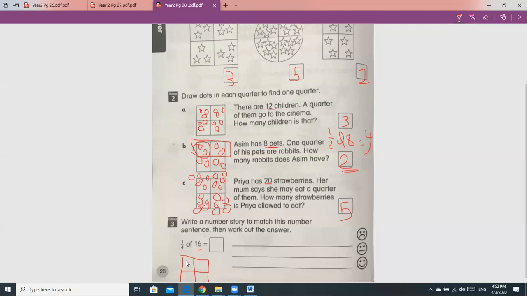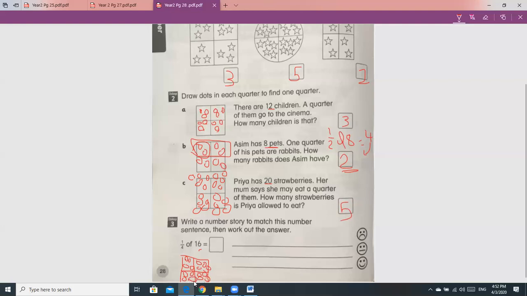Let's make it 1, 2, 3, 4, 5, 6, 7, 8, 9, 10, 11, 12, 13, 14, 15, 16.